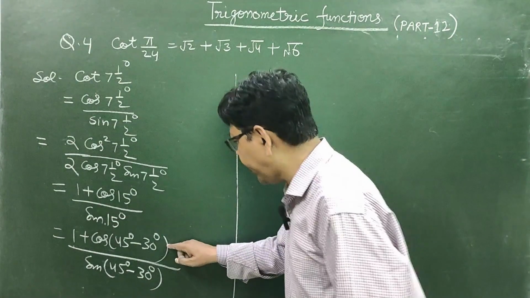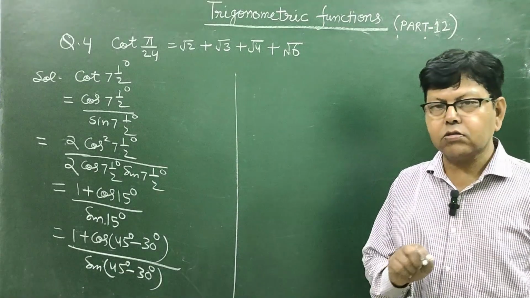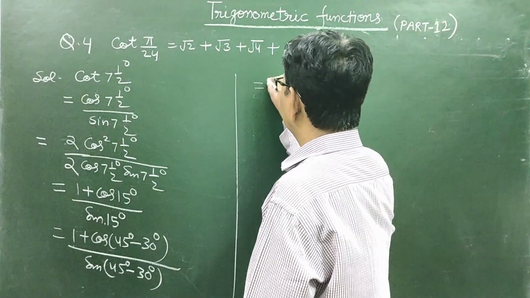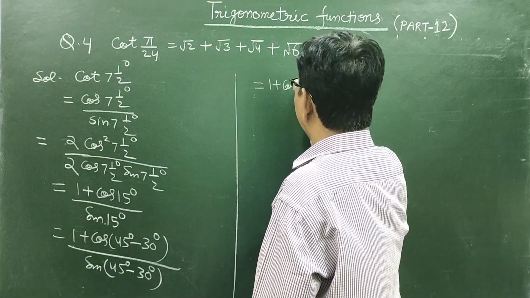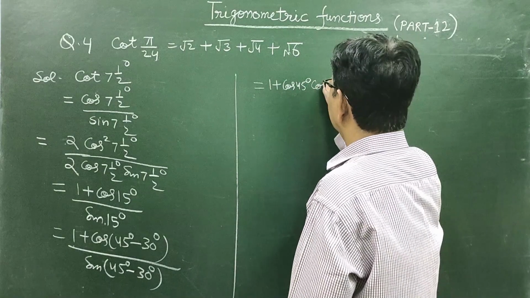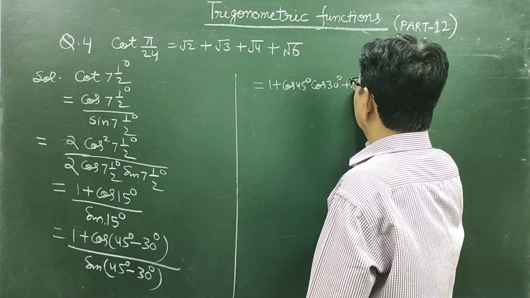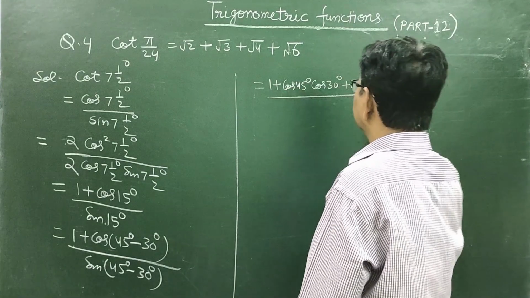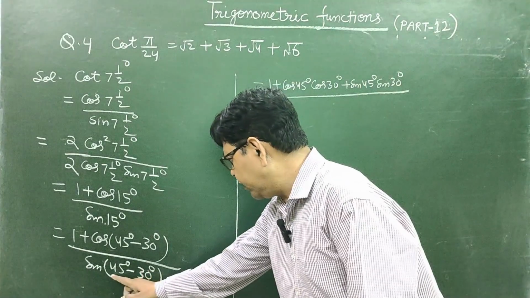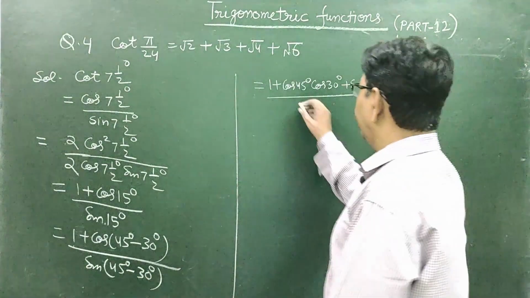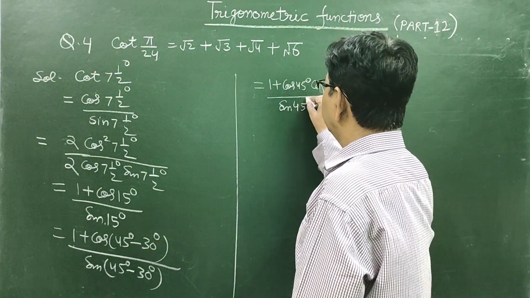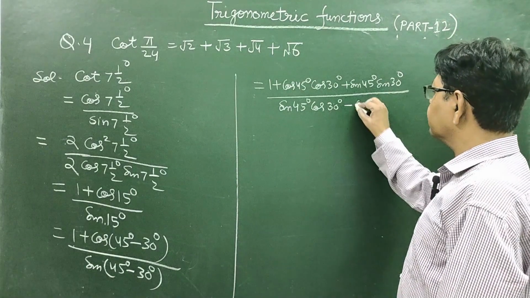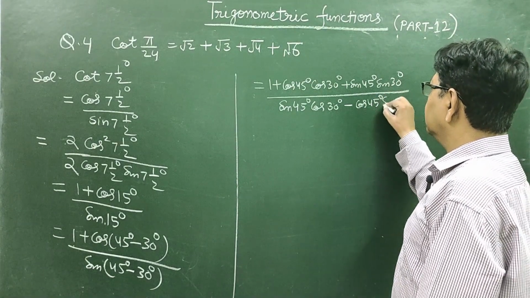Now to simplify this, let us use the formula cos (A minus B) is equal to cos A cos B plus sin A sin B. This is equal to 1 plus cos 45 degrees into cos 30 degrees plus sin 45 degrees into sin 30 degrees upon, using the formula of sin (A minus B), sin A cos B, sin 45 degrees cos 30 degrees minus cos 45 degrees sin 30 degrees.